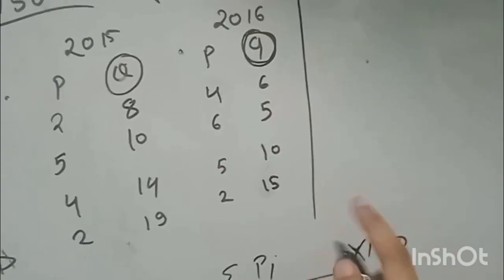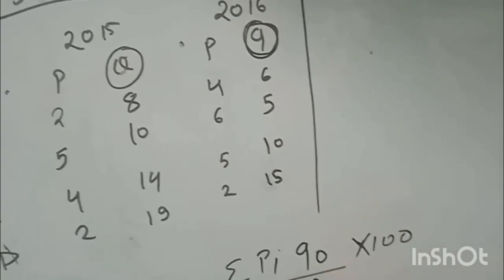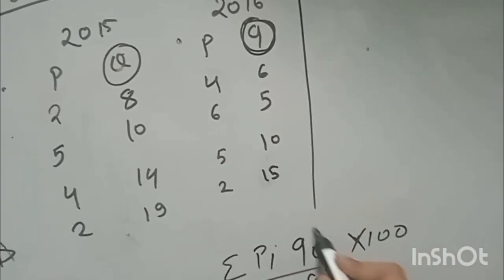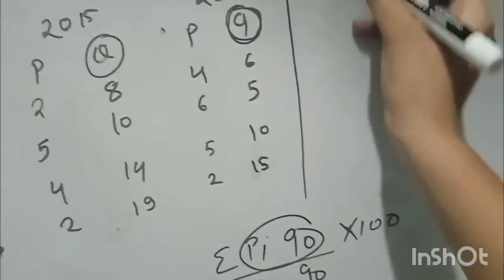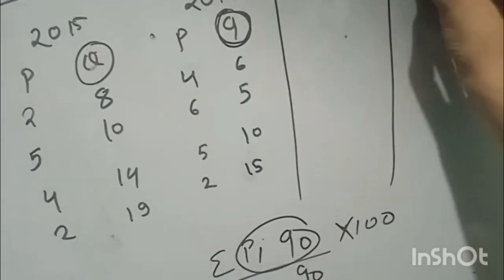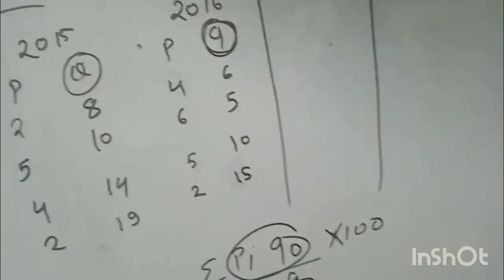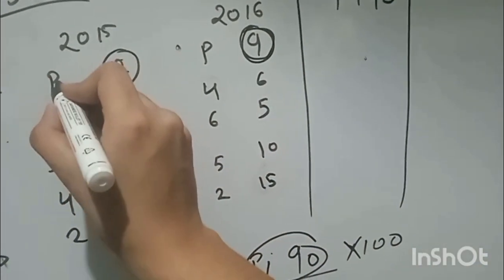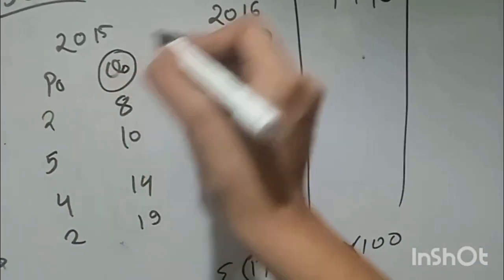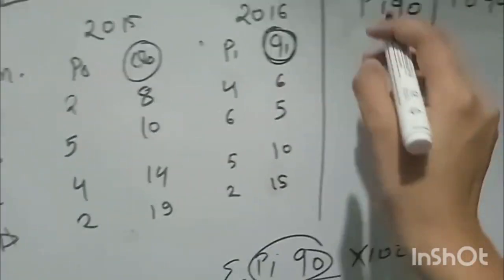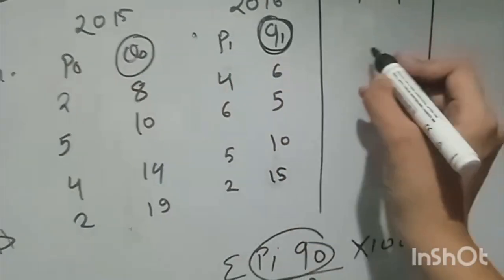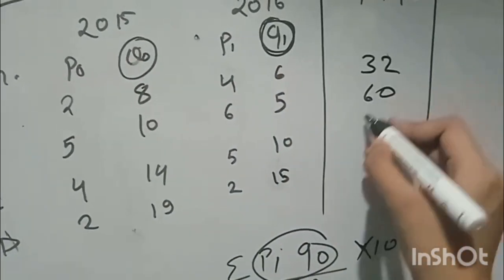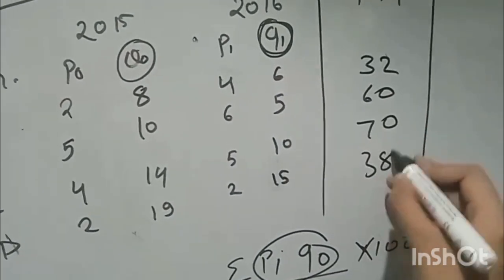For weighted, for Laspeyres you have to assign the weight of the base year quantity. Now you have to find P1Q0 and P0Q0. Okay, this is P0, this is Q0, this is P1, this is Q1. I hope you know the basics, right? P1Q0, multiply this by this: 32, 60, 70 and 38.